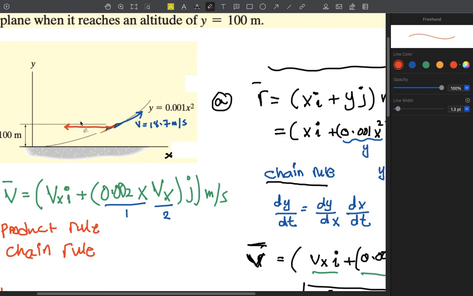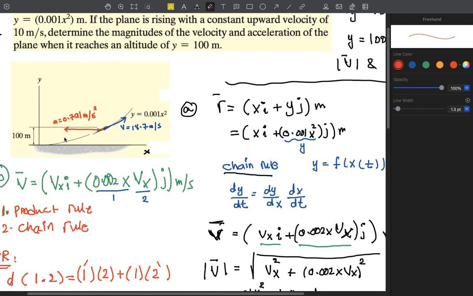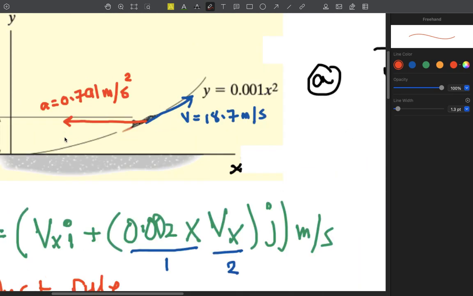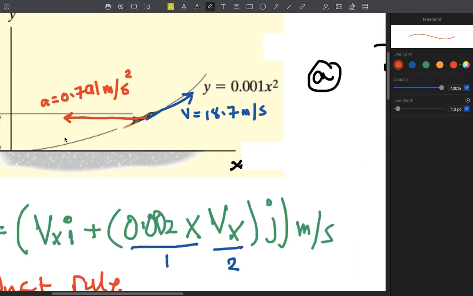That was a equals 0.791 meters per second squared, and this actually makes sense, acting inside this curve. Reflect and think. Always reflect and think. So this is correct.